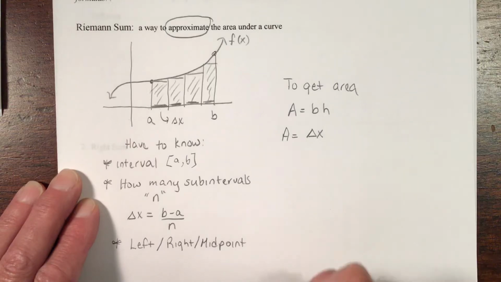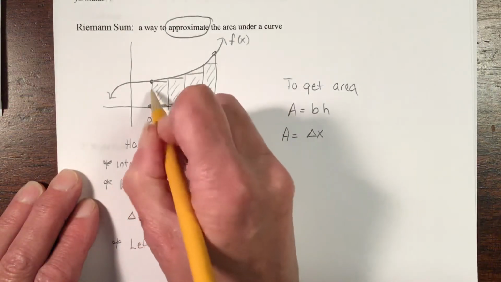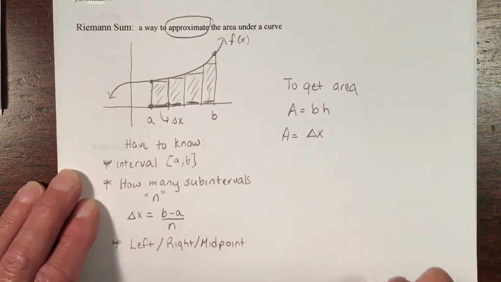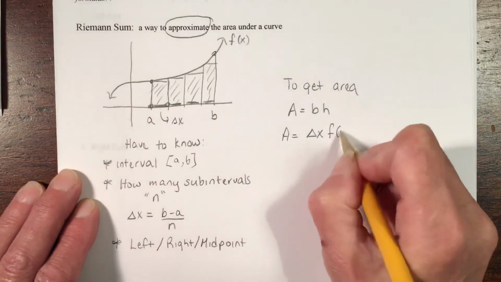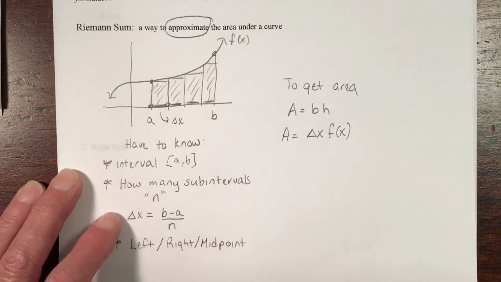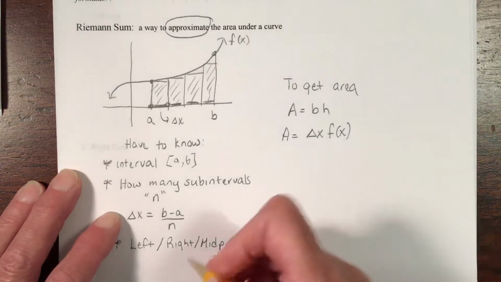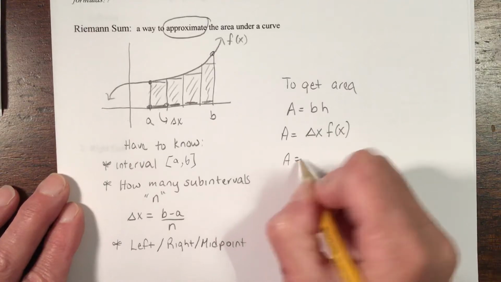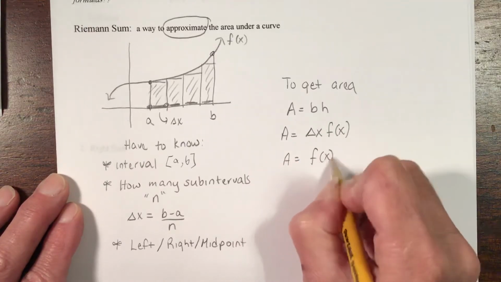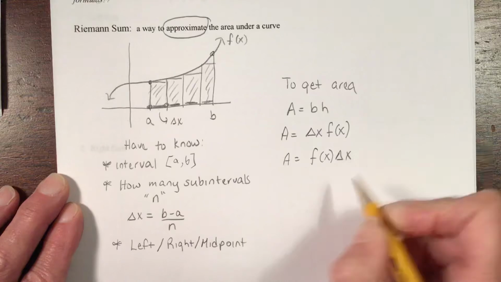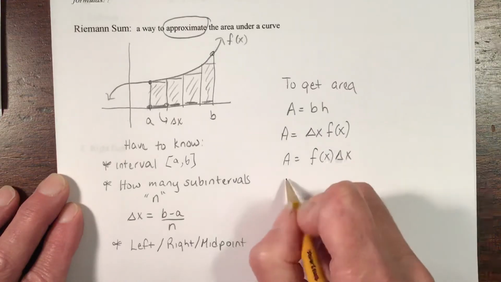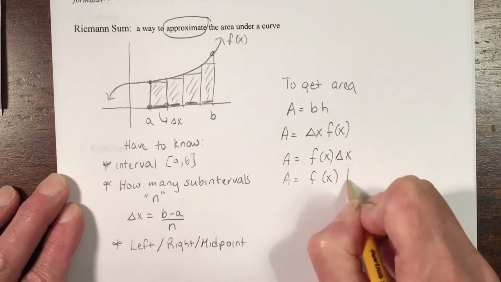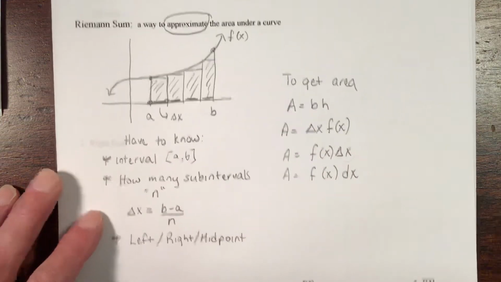And our height of each rectangle is going to be the function value of what we plug in. So we can represent the height as f of x. And if I rearrange this a little bit, I get something like this. And delta x, remember, is the change in x. So in math, we can write that as dx.